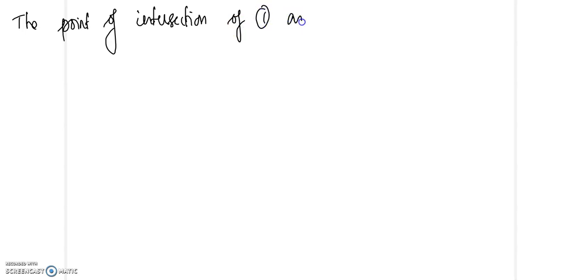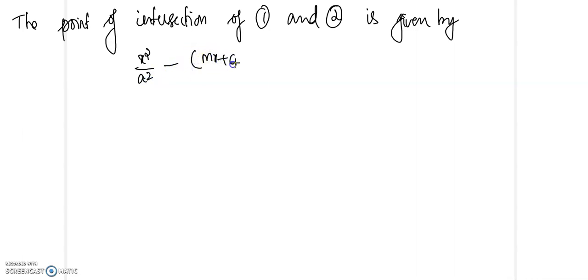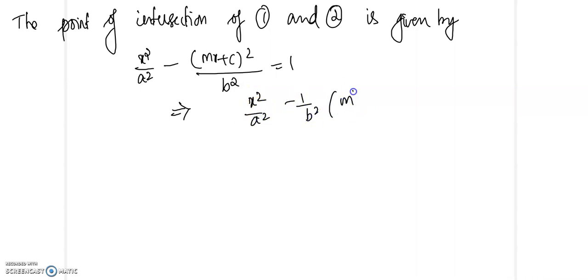The point of intersection of 1 and 2 is given by x square by a square minus (mx plus c) whole square by b square equal to 1. So that gives x square by a square minus 1 by b square into (m square x square plus 2mcx plus c square) equal to 1.